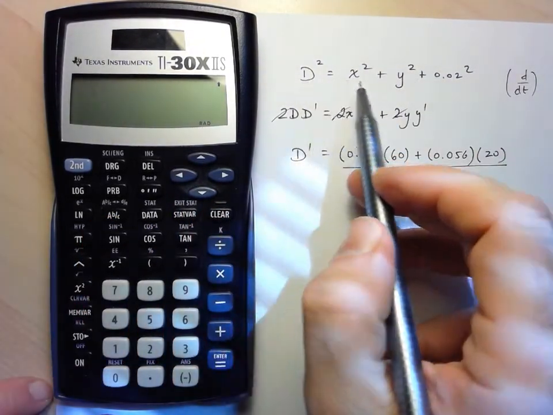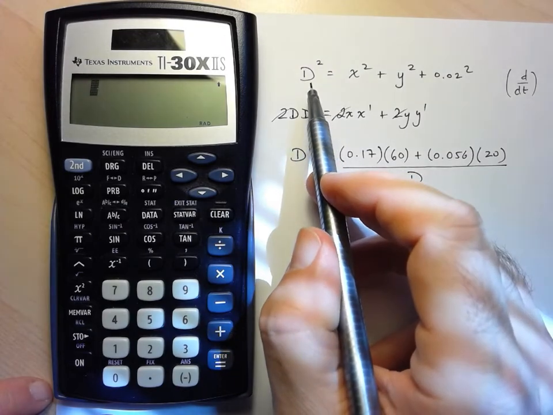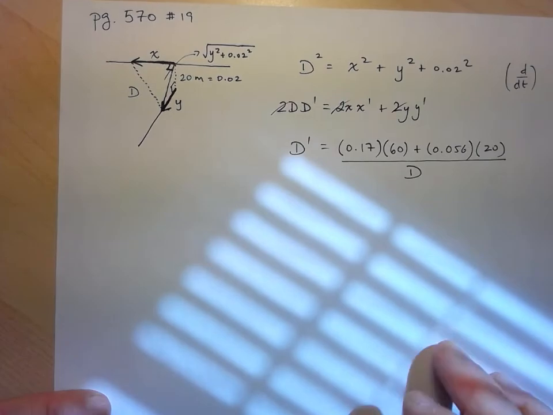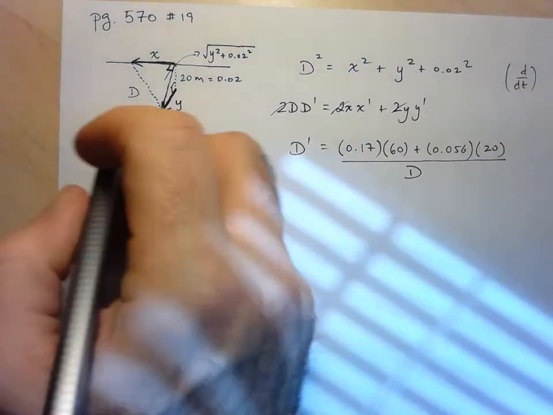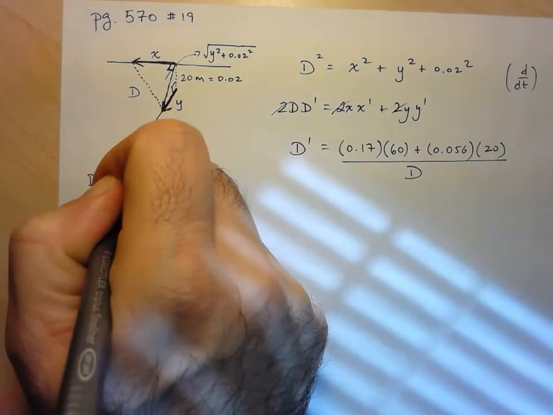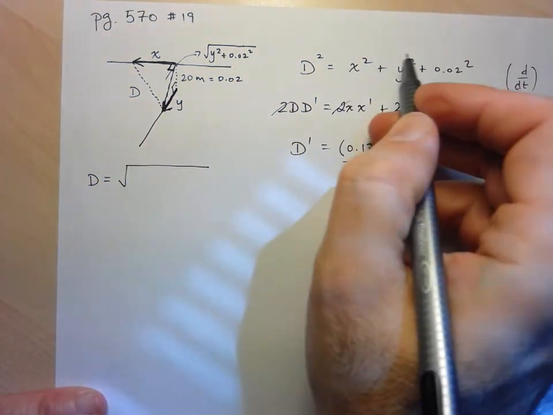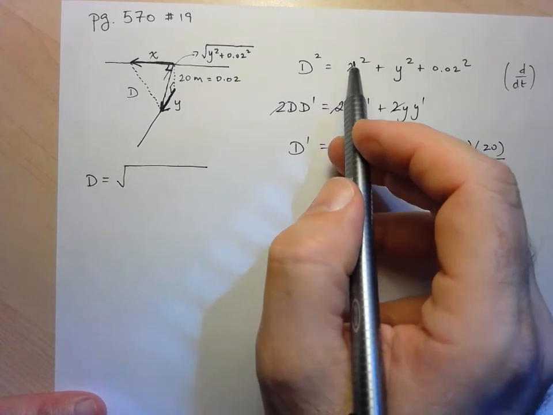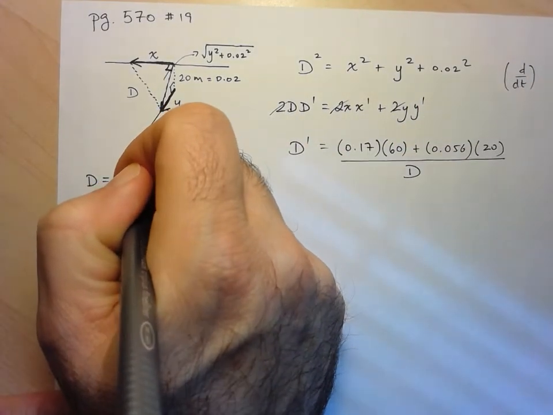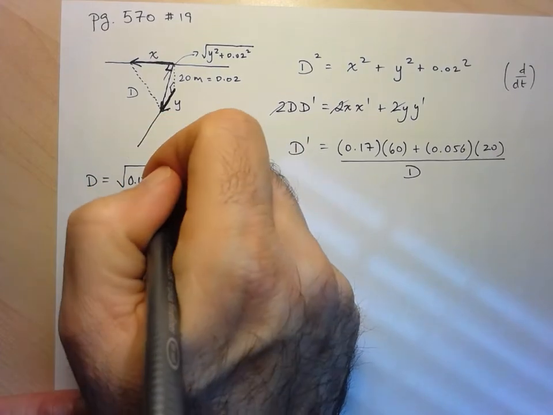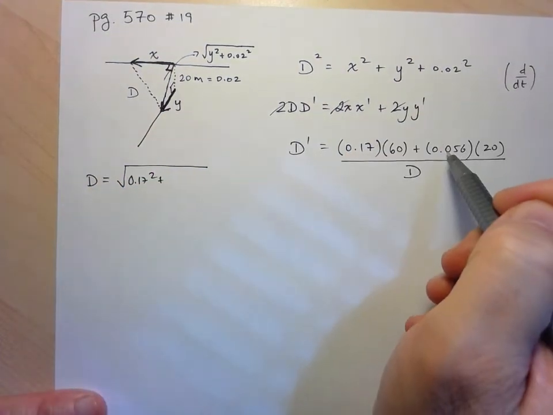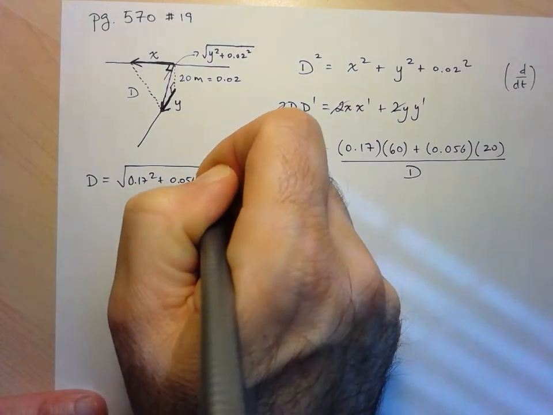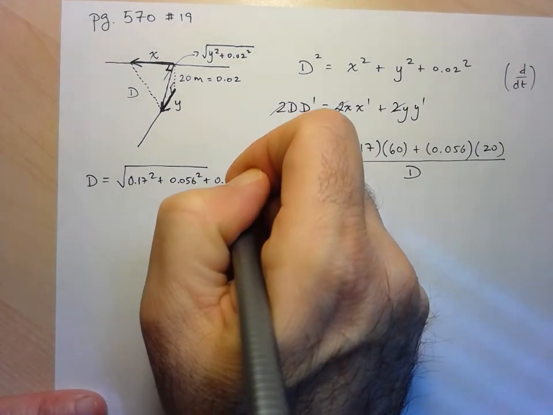I essentially need to use this equation, but now I'm calculating the d value after 10 seconds. Sorry, I'm going to have to put up with this shadow here. So d is just going to be equal to the square root, since I need d. After 10 seconds, x is equal to 0.17, so it'll be 0.17 squared plus, after 10 seconds, we calculated y was 0.056, 0.056 squared, plus the 0.02 squared.